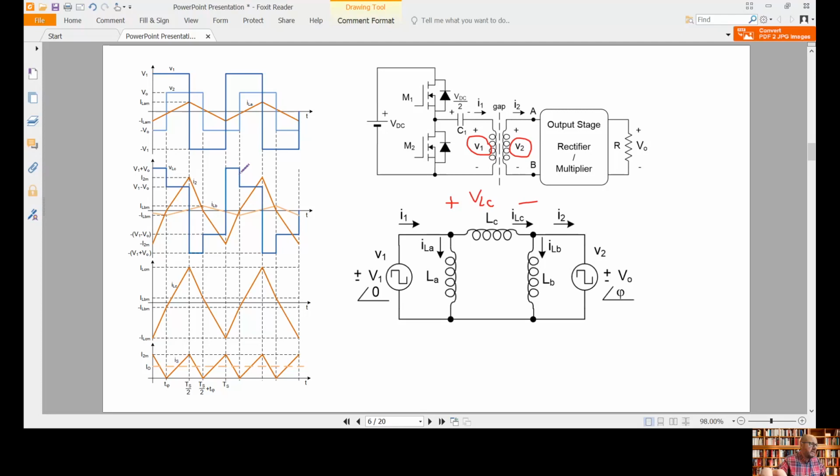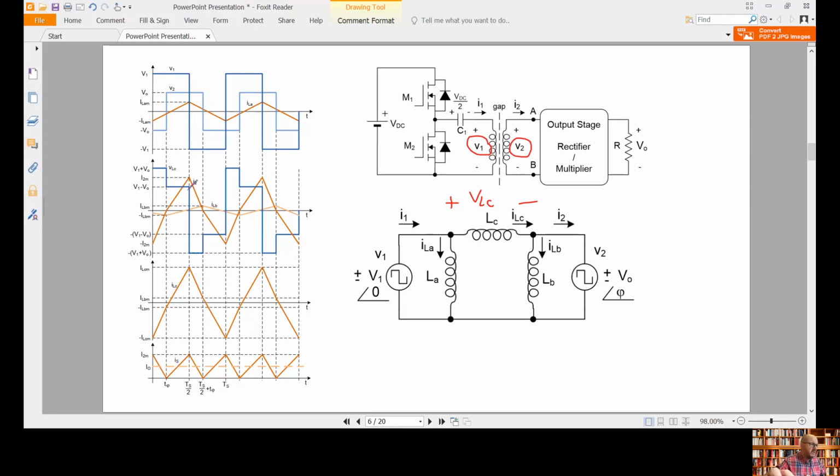Again, if we do all the calculations, we can see that ILA is going to be this triangular waveform, because at the end it is the current through this inductance here, which has a square voltage source applied to it. Same thing with ILB, it is going to be something like this.